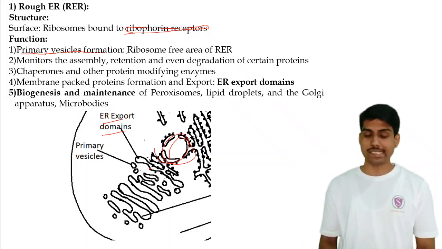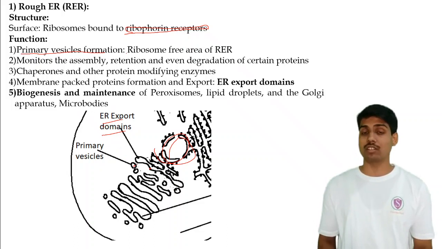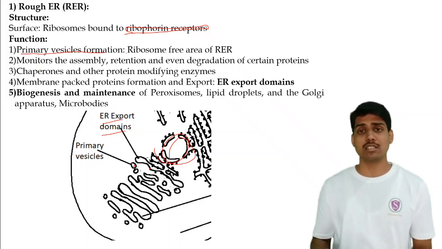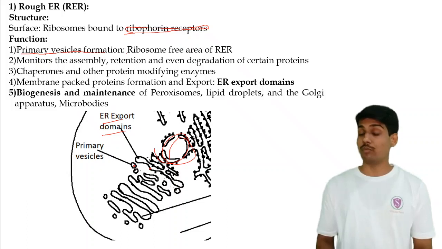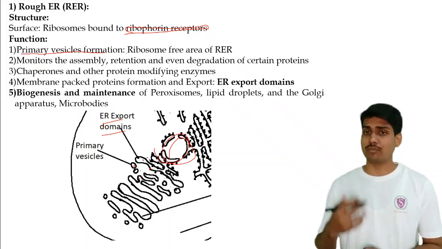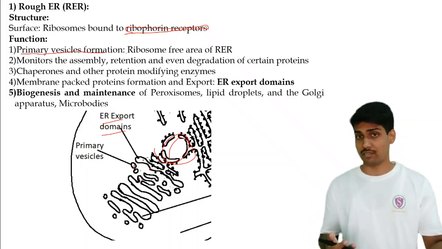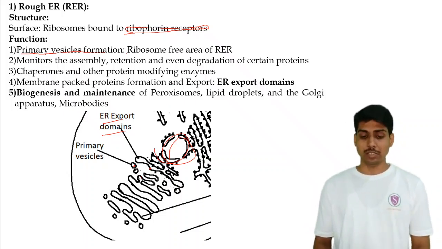One of these is called the primary vesicle, and it contains the initially synthesized proteins or enzymes. These primary vesicles go to the Golgi apparatus, where they are further processed and finally transformed into lysosomes. So this is one function of the rough endoplasmic reticulum.